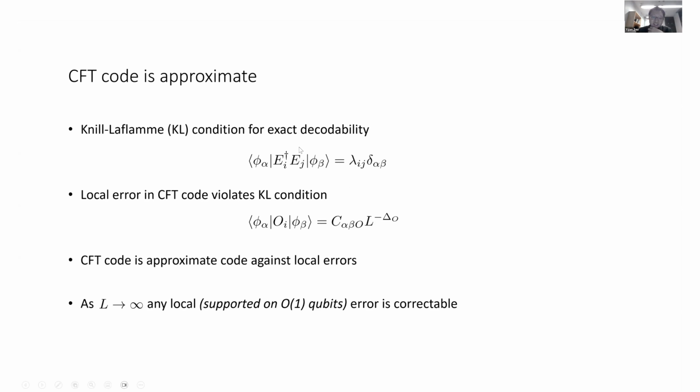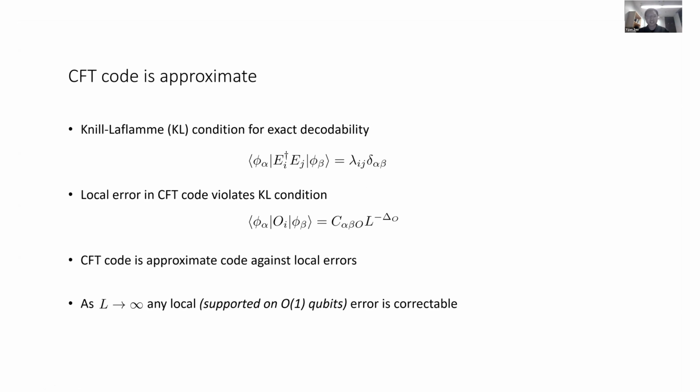Exact decodability requires that this matrix element must be diagonal with respect to the alpha beta index. What this means is very simple: the error cannot destroy distinguishability between code word states. Suppose you start with phi beta, which is a code word, and then some error happens.